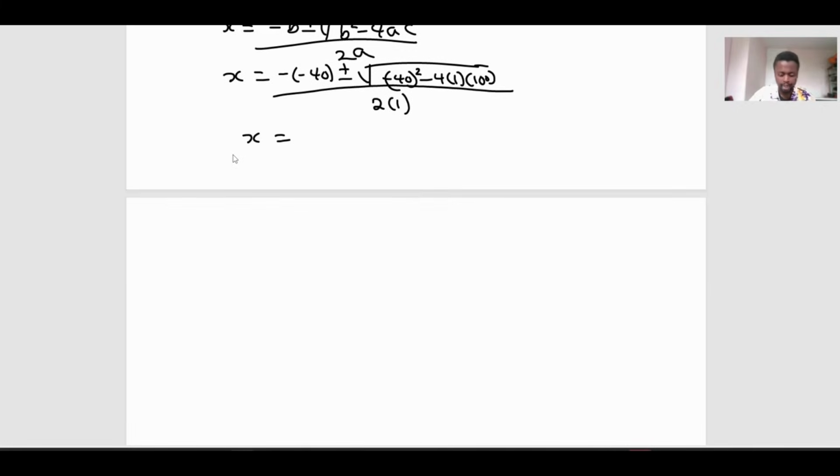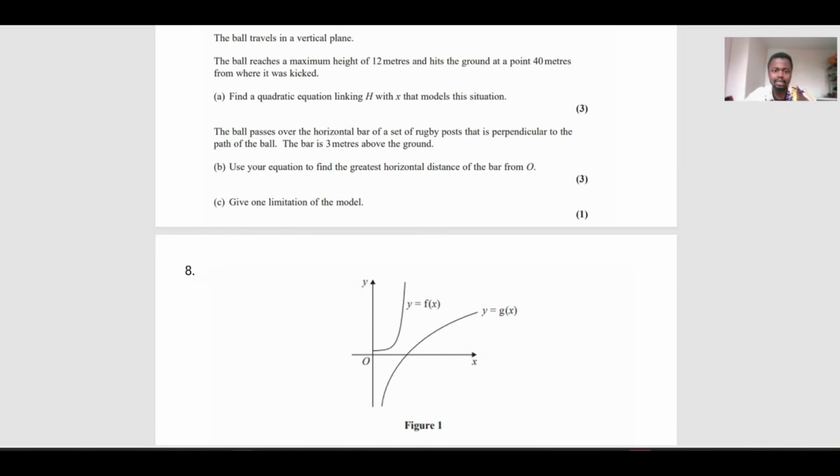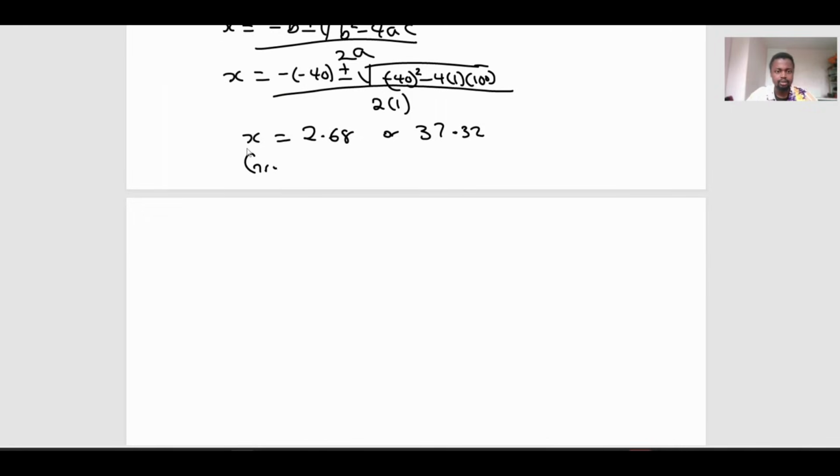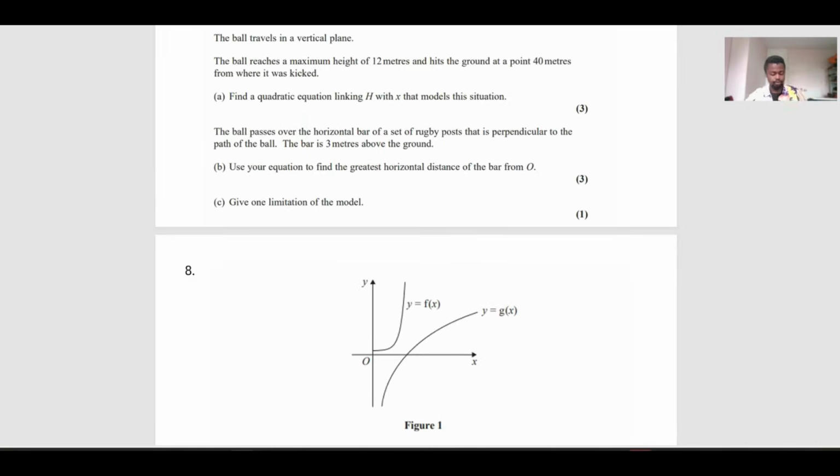So this should give us x as, if you finish it up, you should get 2.68 or 37.32. So it's saying that the greatest horizontal distance is going to be 37.32 meters. And that'll be the answer for B.